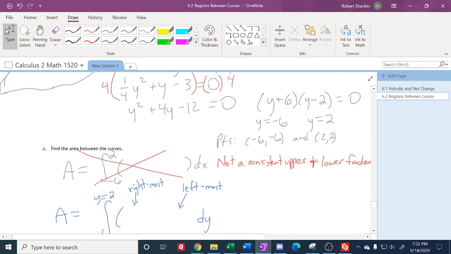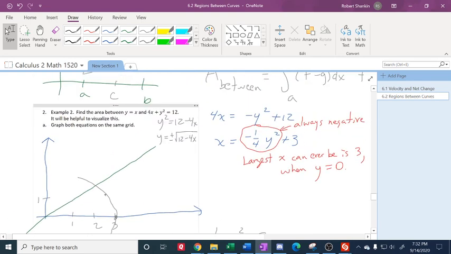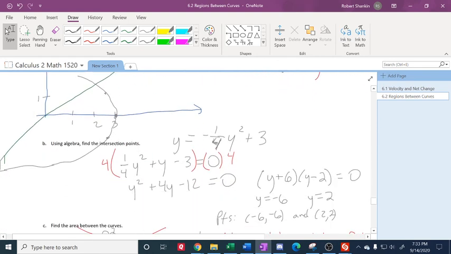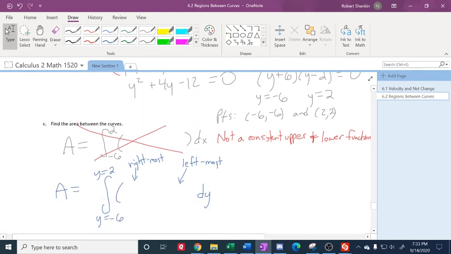Okay, the rightmost function is this one: 4x plus y squared equals 12. Now, there's 2 ways we've solved it. We've solved it for y, and we've solved it for x. Which one of those 2 do we want to use to plug in here, the rightmost?